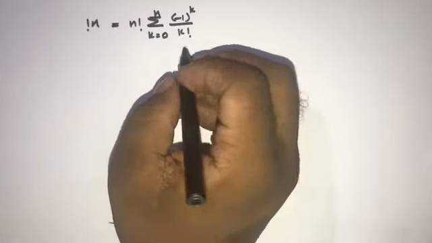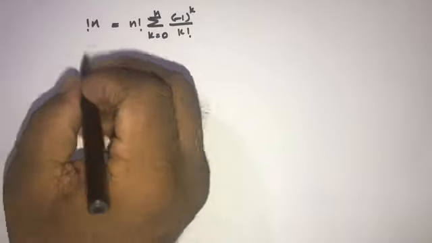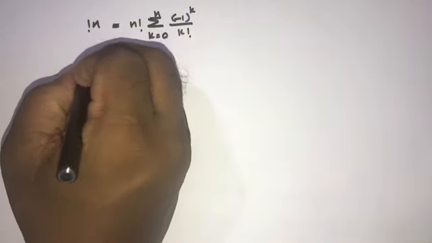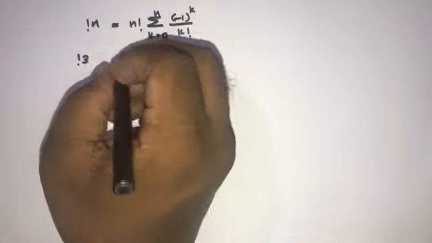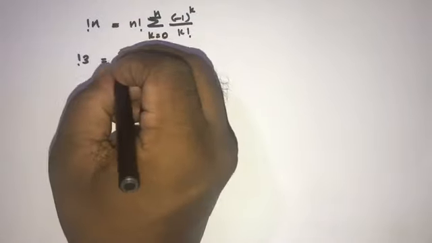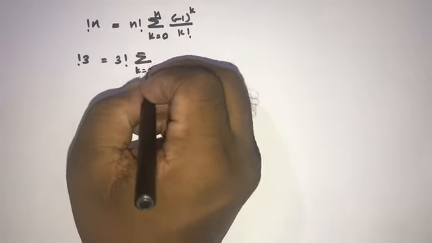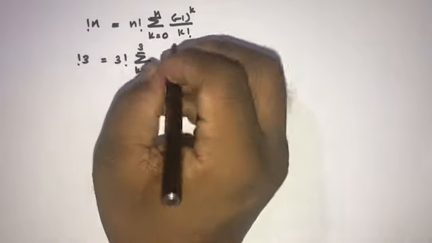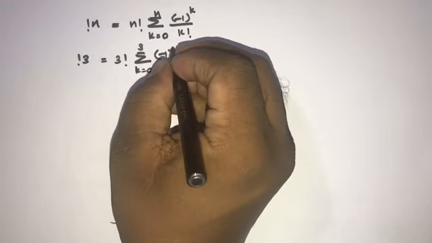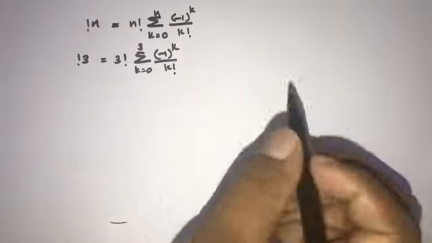Now, as an example, we are going to find 3 subfactorial by using this formula. So here we have 3 factorial, and the sum from k equals 0 to 3, of minus 1 to the kth power over k factorial.